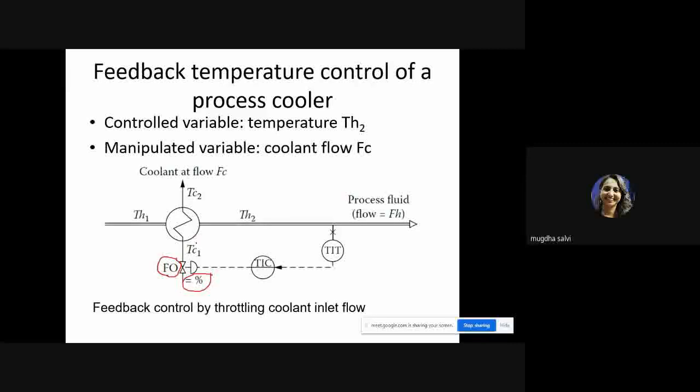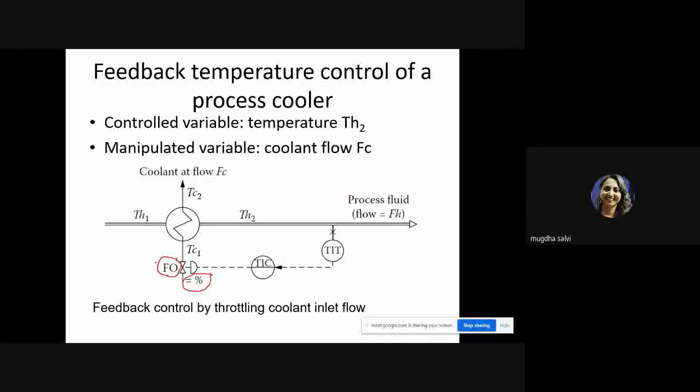The coolant is flowing through the tubes, and the process liquid is flowing through the shell and exiting. The temperature of the process fluid needs to be reduced, so I have to maintain it at, say, a temperature TH2. This particular control valve is the valve of the coolant.